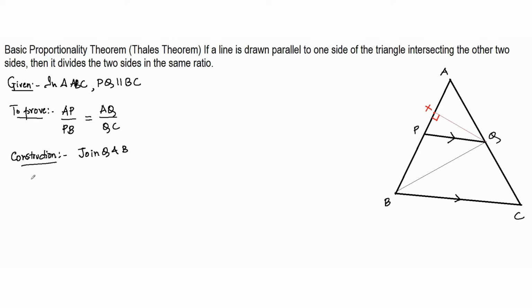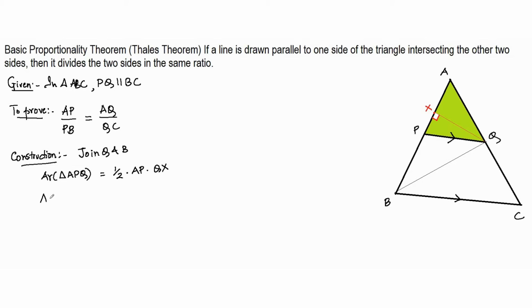So now I can say that the area of triangle APQ, if I consider only triangle APQ, I can take AP as the base and QX as the height. So the area of triangle AQP is half multiplied by the base AP, multiplied by the height QX.